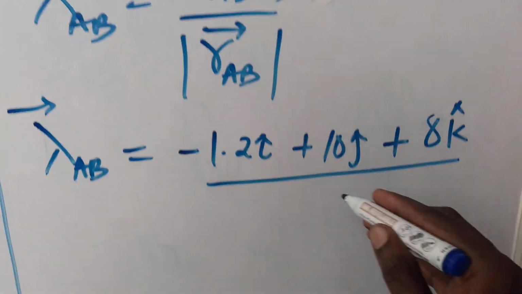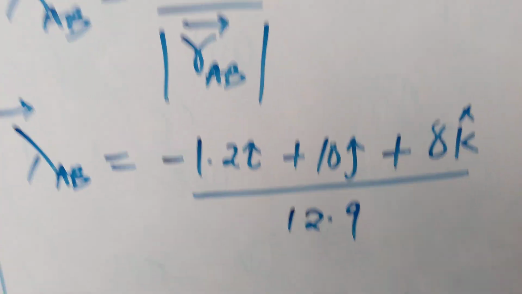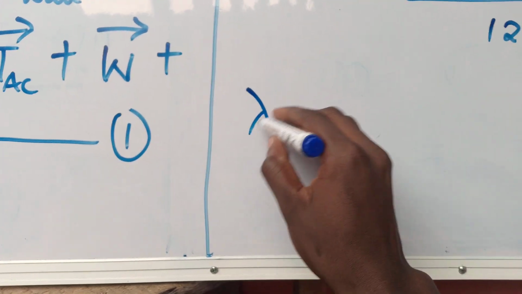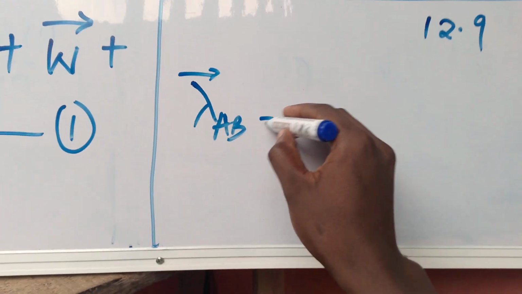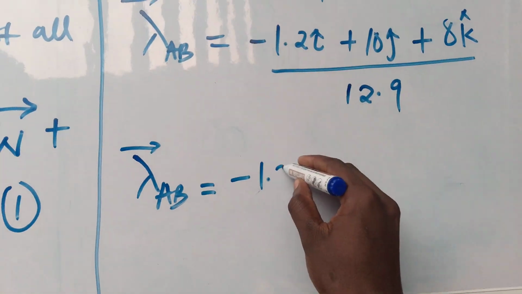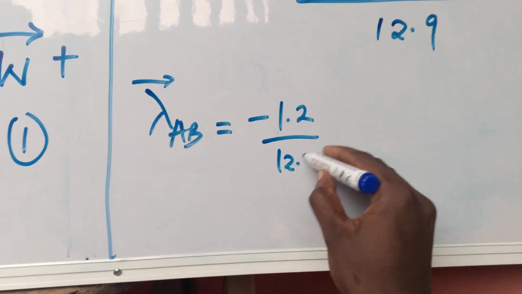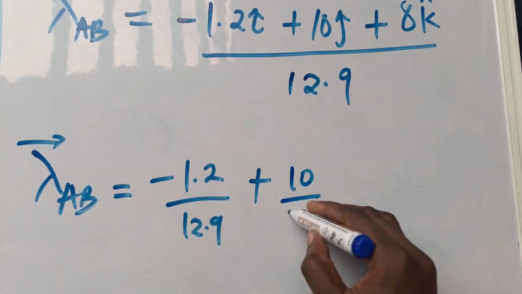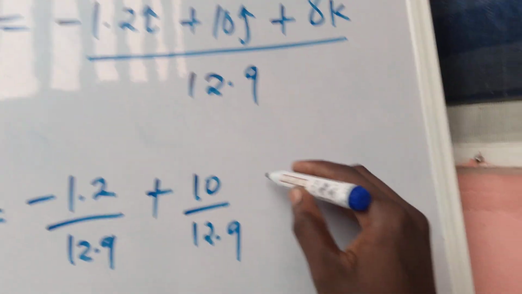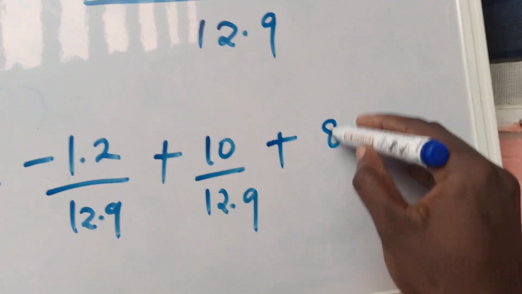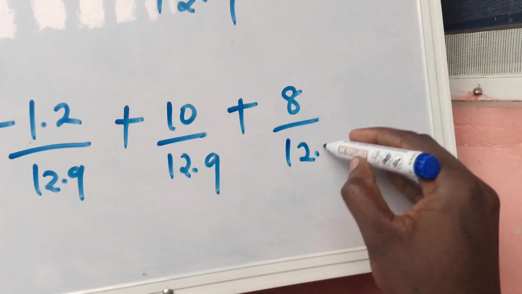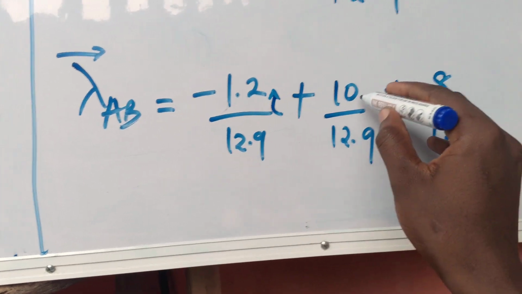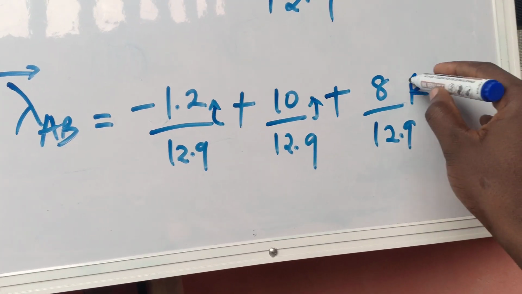Modulus is 12.9. If I separate them, lambda AB will be equals to minus 1.2 divided by 12.9 plus 10 divided by 12.9 plus 8 divided by 12.9. This is I, this is J, and this is K.